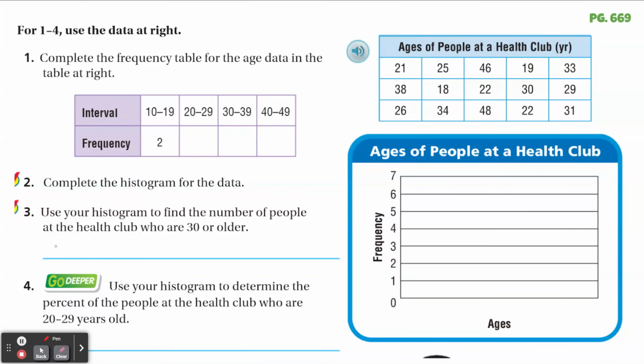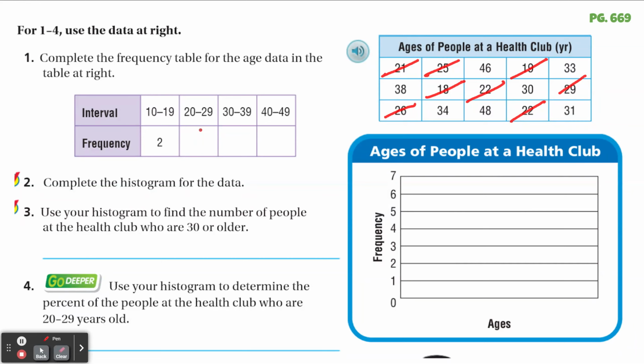All right, so they already figured out that there's 2 people at the health club who are between 10 and 19. So we have a 19-year-old and an 18-year-old. So now we're going to look at individuals who are in their 20s. So here's 1, 2, 3, 4, 5, 6.